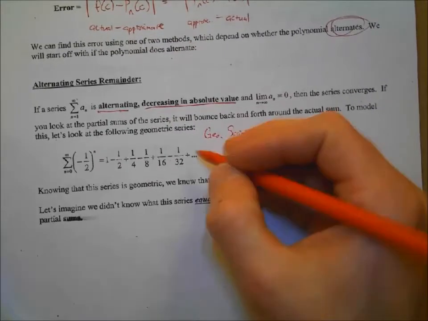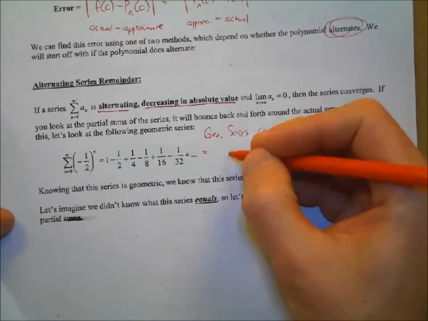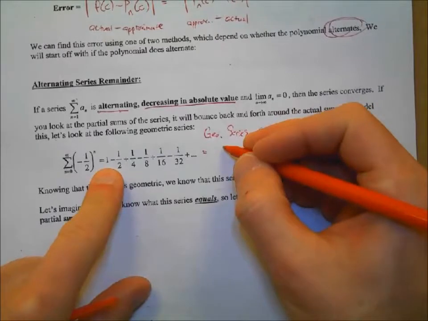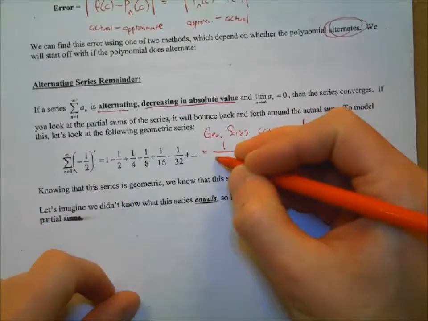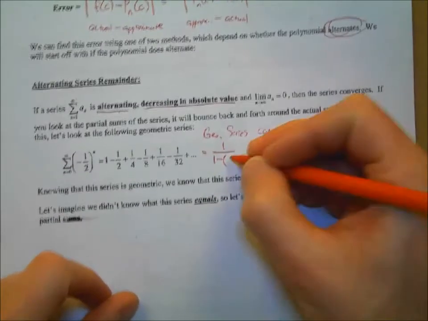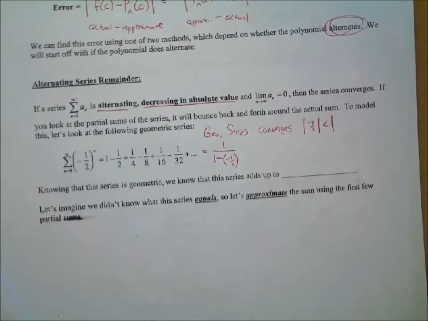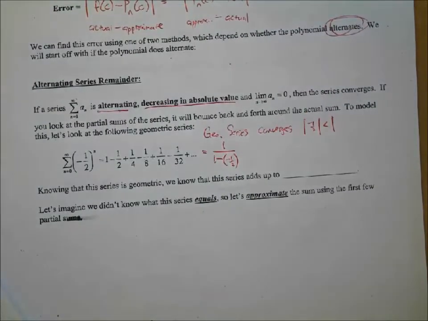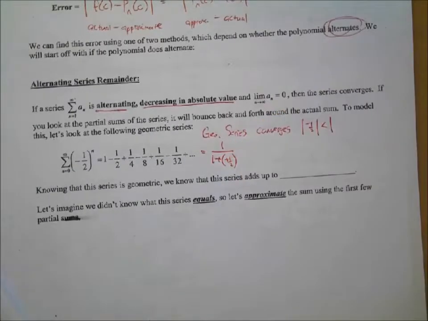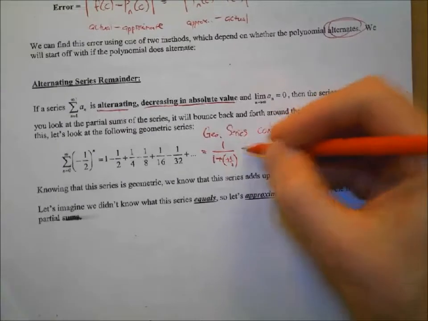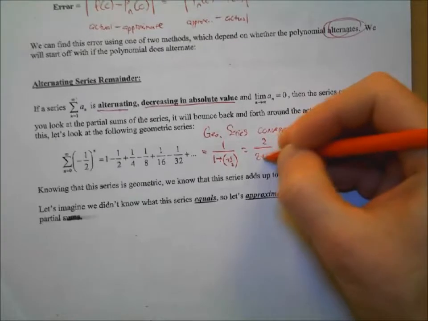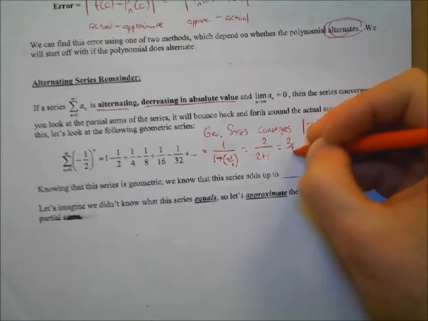It's our first term, 1, over 1 minus our common ratio of -1/2. That's really 1 plus 1/2 instead. Multiply everything through by 2, and you get 2 over 2 plus 1, so you get 2/3.